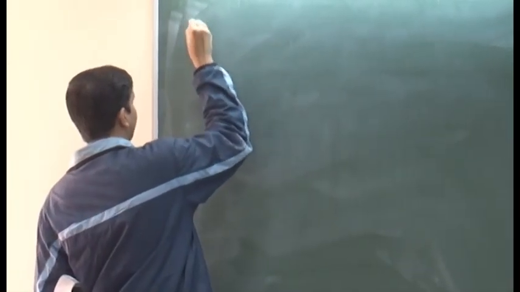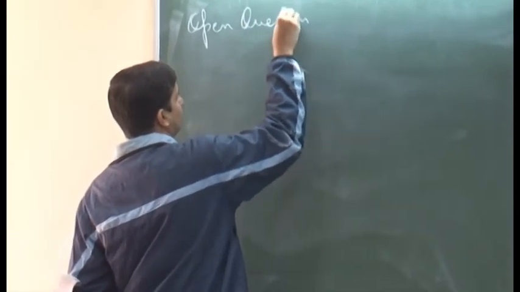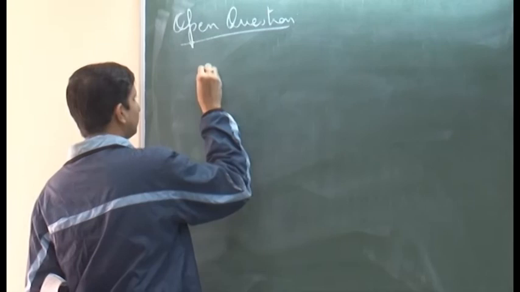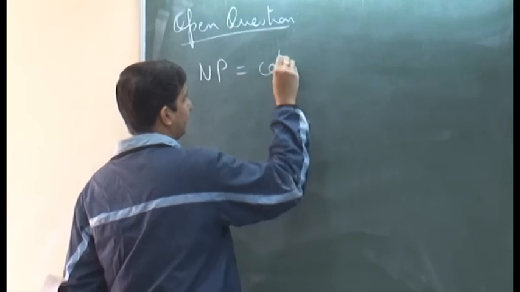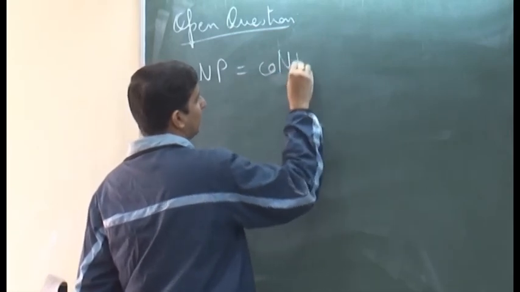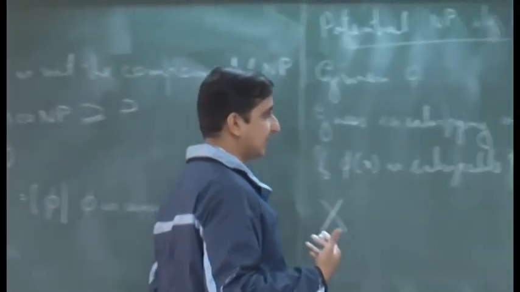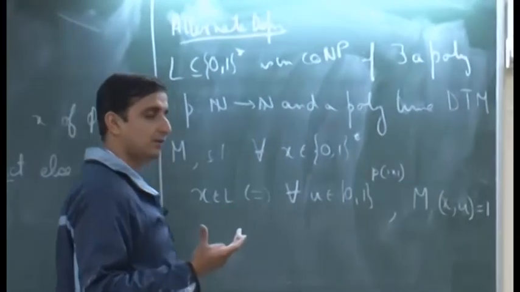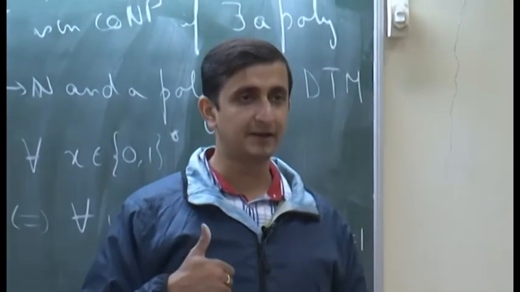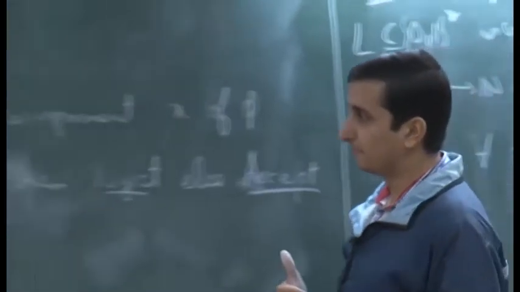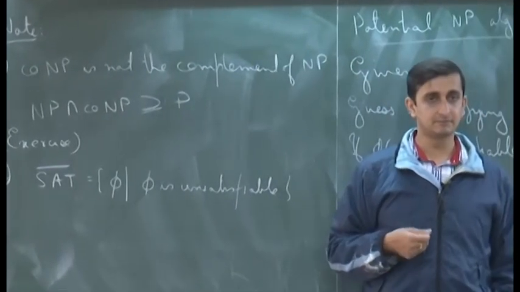This is also an open problem: whether NP is equal to co-NP or not. Basically resolving this question amounts to coming up with a polynomial length certificate for SAT bar. Can I come up with one particular certificate which is able to verify that a formula is unsatisfiable.